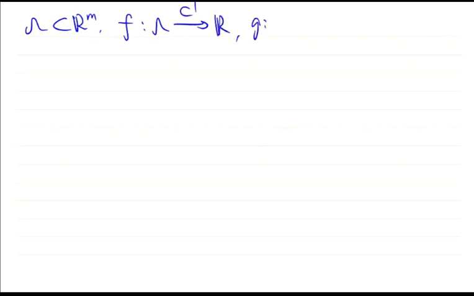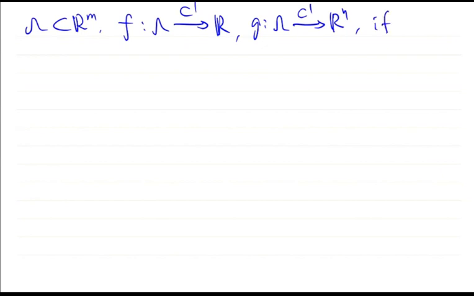Now we provide another, traditional proof of the Lagrange multiplier theorem. The theorem says that omega is open in R^m, f is C1 defined over omega, and g is a vector valued function, also C1, mapped to R^n.